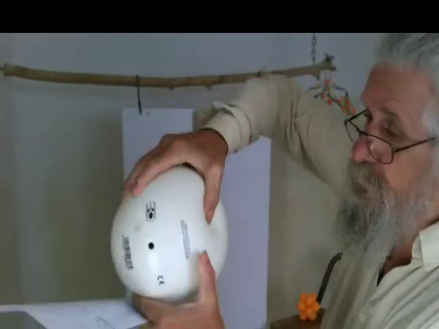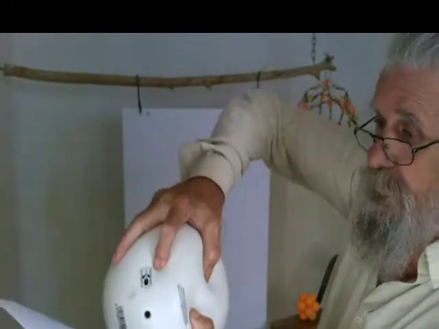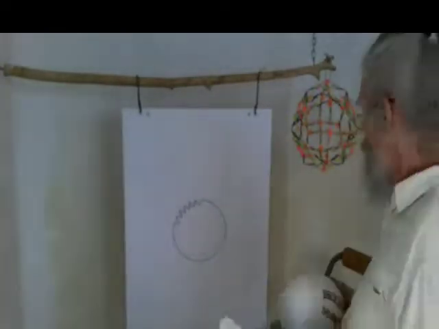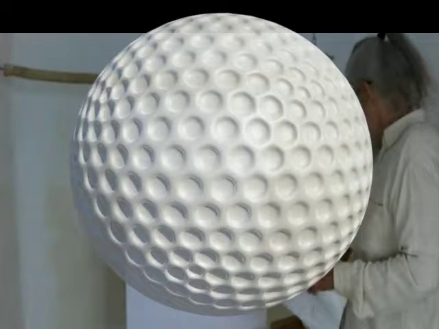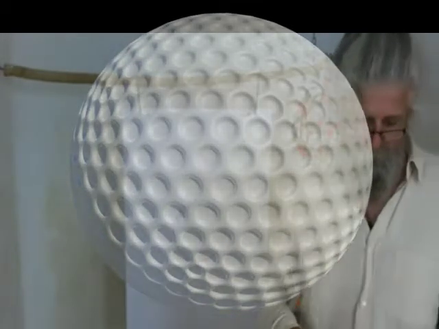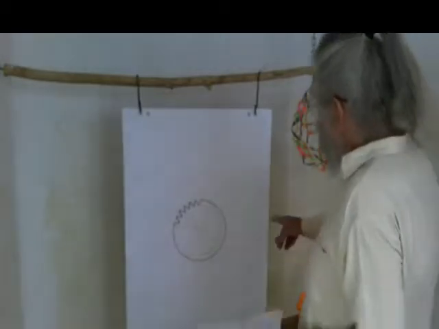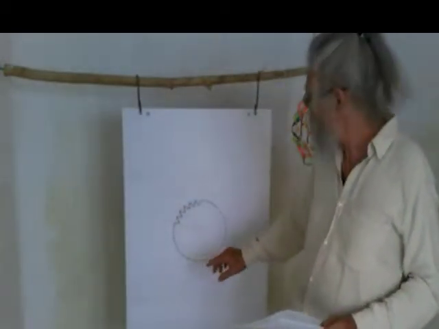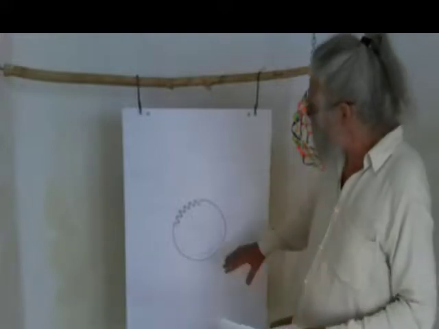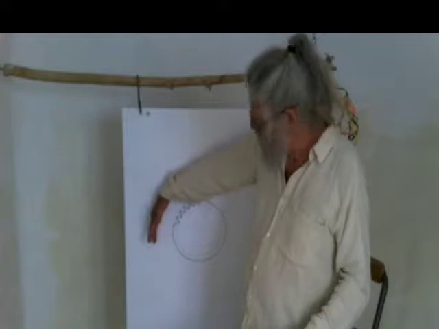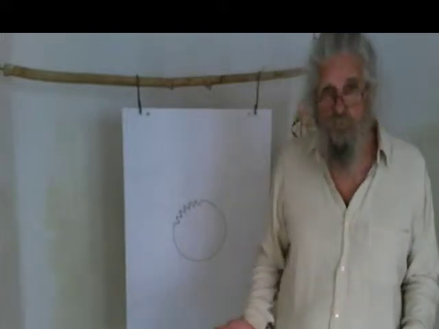It develops dimples, lots of dimples, and it starts to look like a golf ball. Time is measured from the centre, and it's a dimension that we pass through rather than have any freedom within.